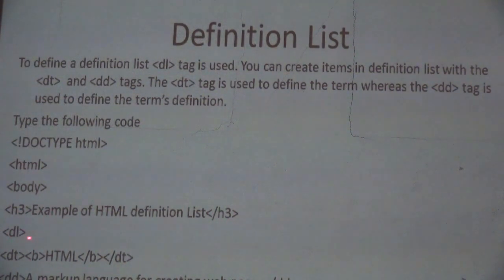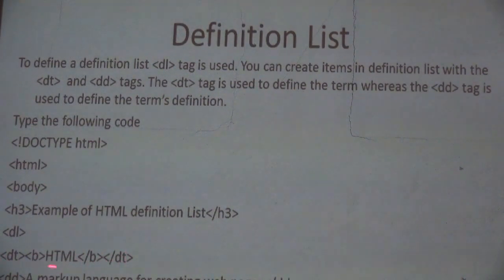Now the DL, definition list, is started, and in it the DT defines the term. Here we use the bold tag to show this heading as bold, and it is applied to the text HTML. Again this bold tag is closed here, and this DT tag is closed here.